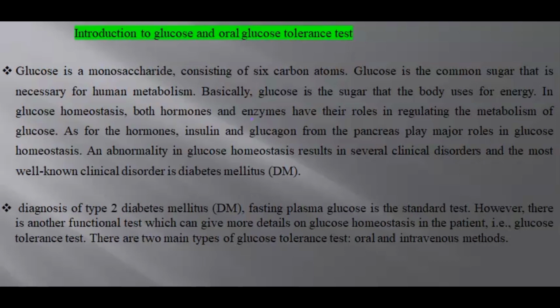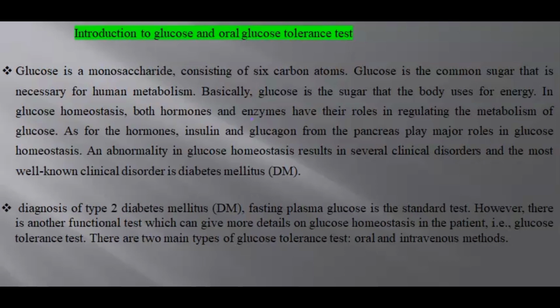So if homeostasis is successful, the life of the organism continues. But if homeostasis is not successful, the organism dies. So it means glucose homeostasis is very important. The organism needs to be stable for life to continue.